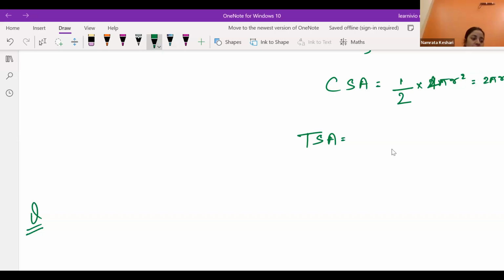So let's do the next question. Read it carefully and you are going to tell me how we'll be finding the area over here, whatever is asked.